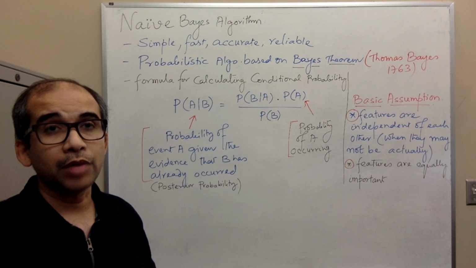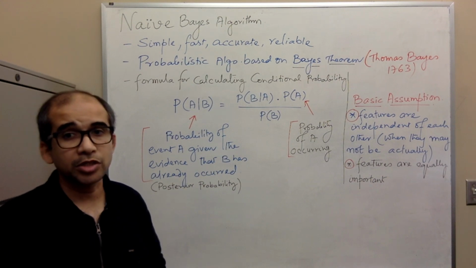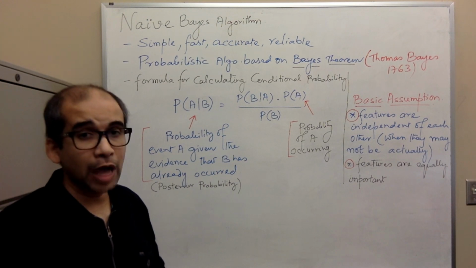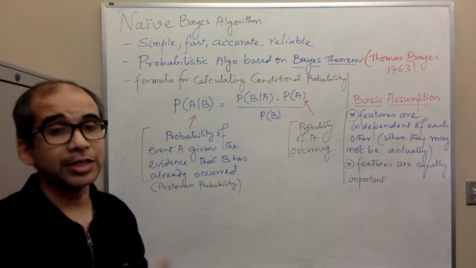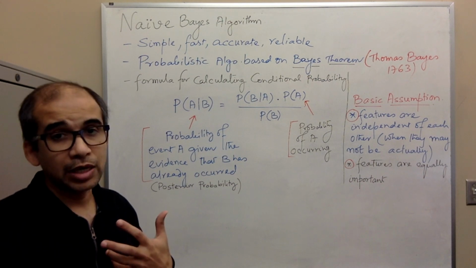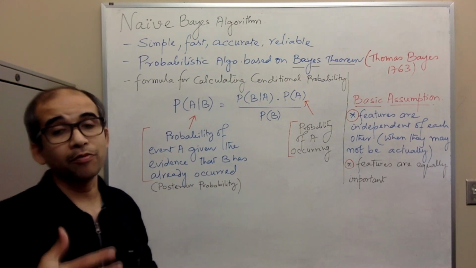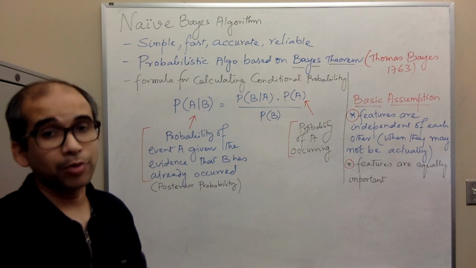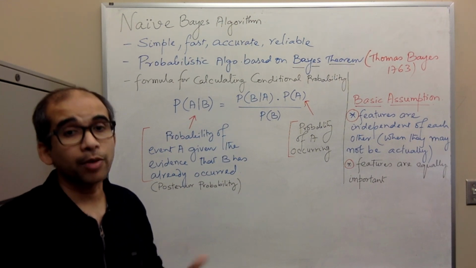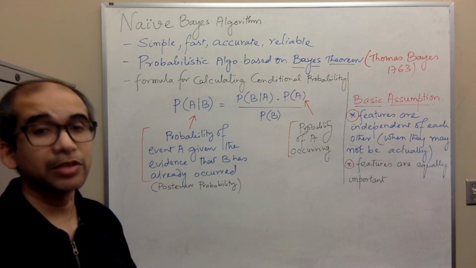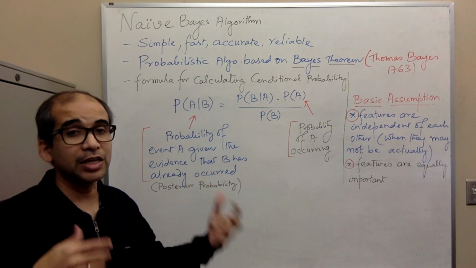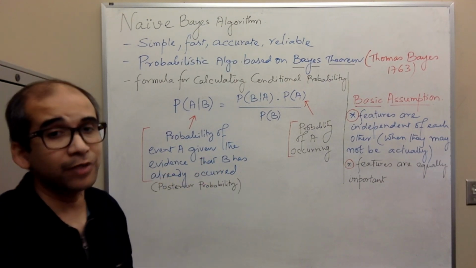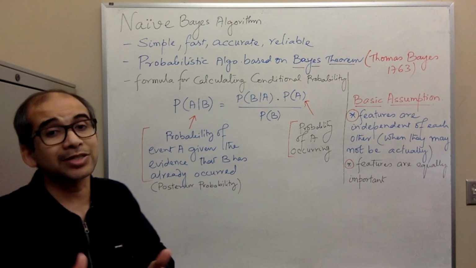He was a British mathematician and statistician, and he worked on this formula, which says that probability of A given B is equal to probability of B given A times probability of A, divided by probability of B. Here, probability of A given B means the probability of an event A occurring given the knowledge or evidence that B has already occurred.